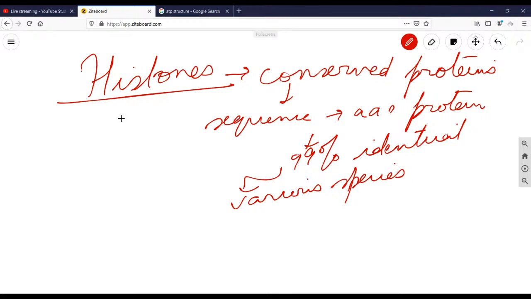So histones are not found in the prokaryotes except for the Medusa virus, in which the research came out last year that Medusa viruses also contain histones, but they're not usually present in the prokaryotes.